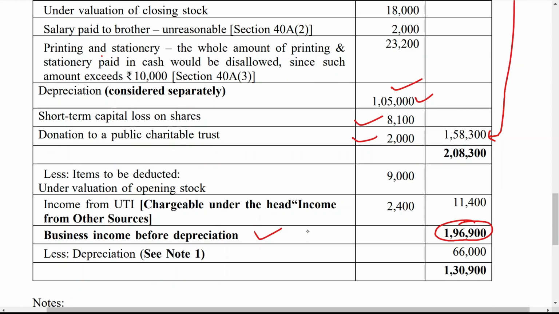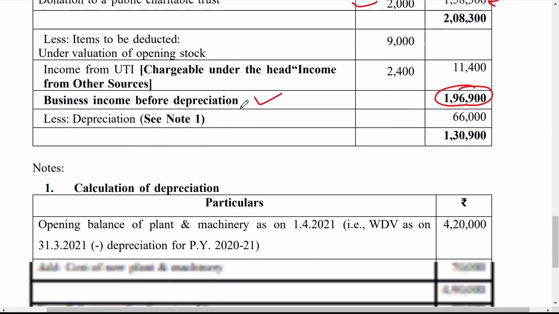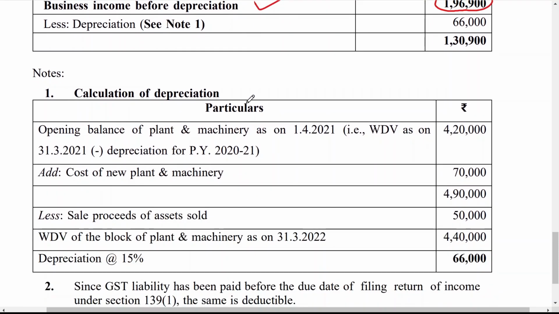Now how this depreciation comes, that we have to understand. Calculation of depreciation. Particulars, amount in rupees. Opening balance of plant and machinery as on 1st April 2021, it is given in the example, that is WDV as on 31st March 2021 minus depreciation for the previous year. So 4,20,000 is the amount. To that you have to add cost of new plant and machinery, that is 70,000.